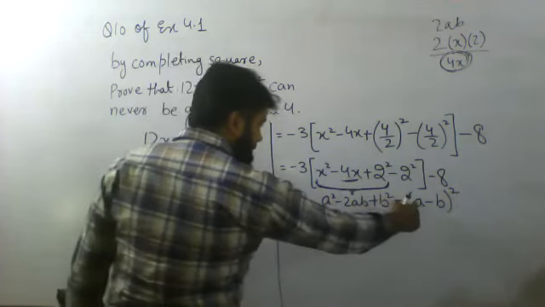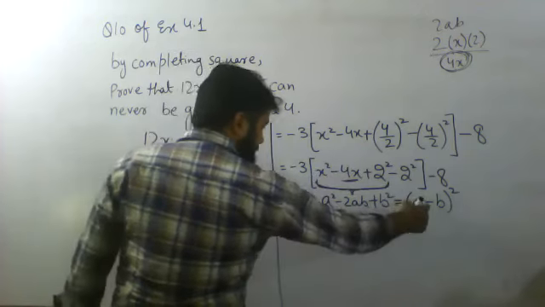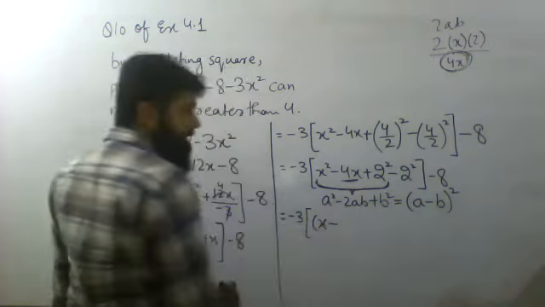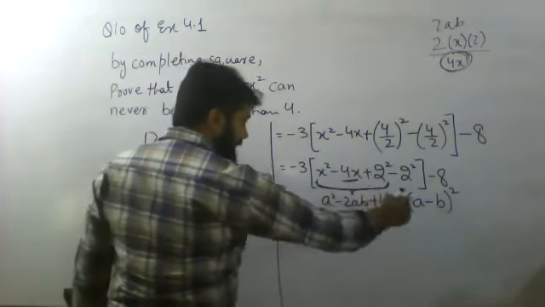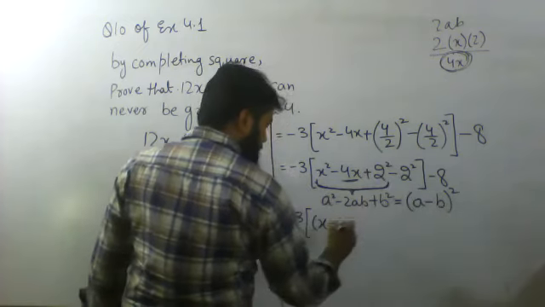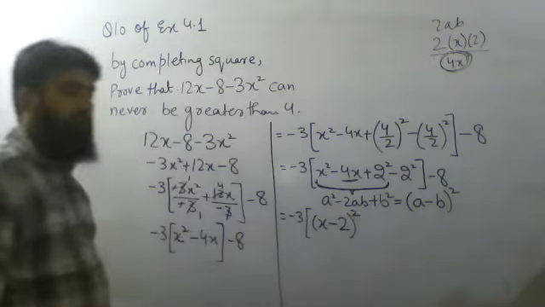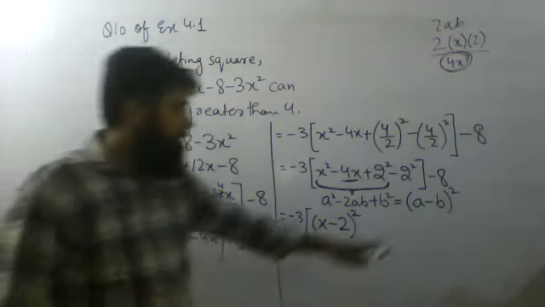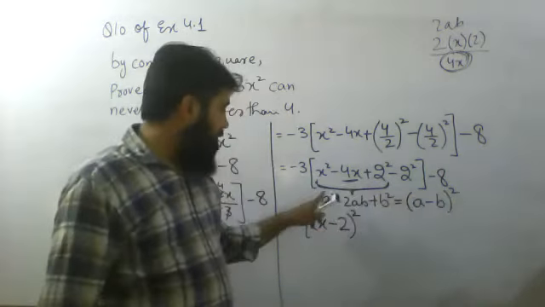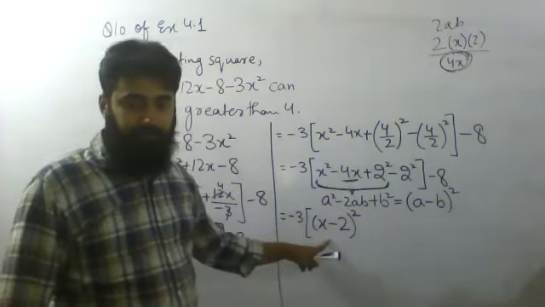A square will become a, so x square will become x. Minus sign in the formula, minus sign in the formula. The other one, b square, is now written as b. So 2 square will be written as 2, and square will be written outside the bracket. Just like this, I have enclosed a square minus 2ab plus b square in this form.